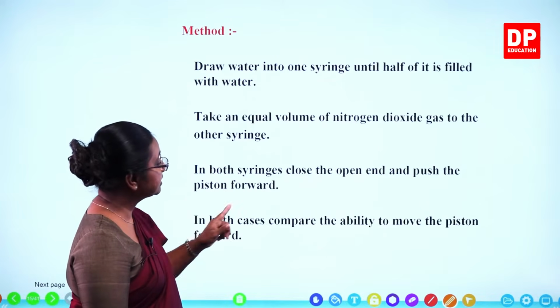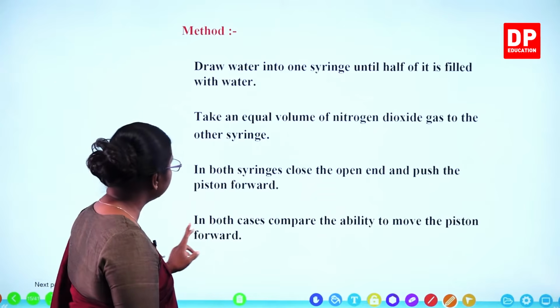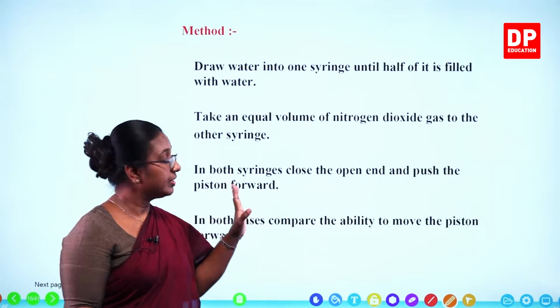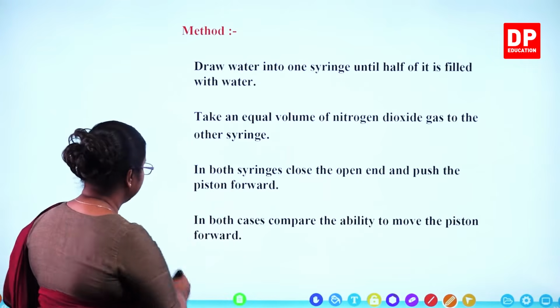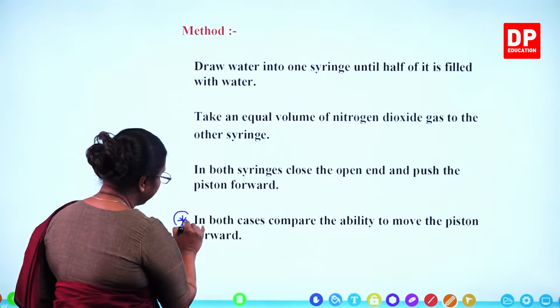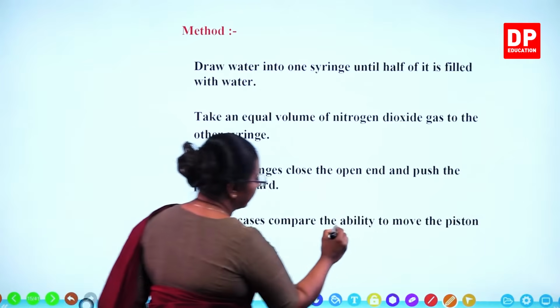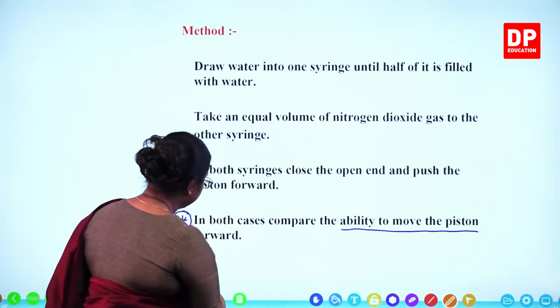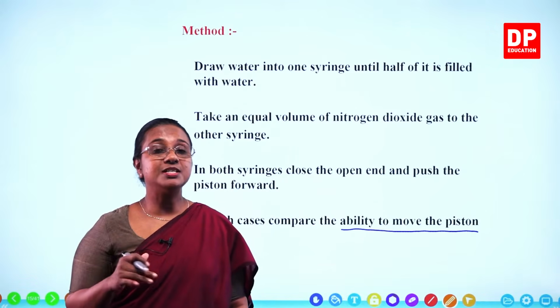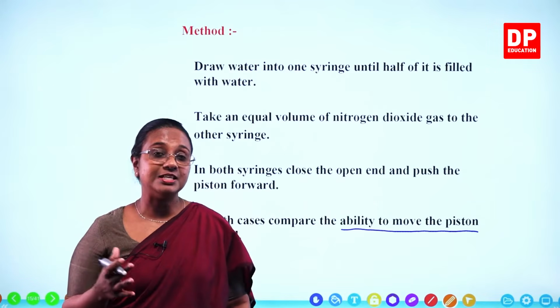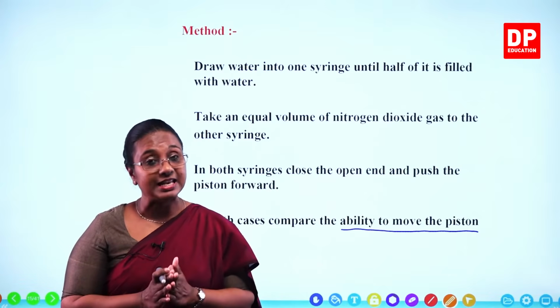In both cases, compare the ability to move the piston forward. So, that is what you need to understand. When we say compressibility, this is what we need to observe. You all can understand the steps, students. It's a very simple activity. Let's go to the lab and carry out the activity now.